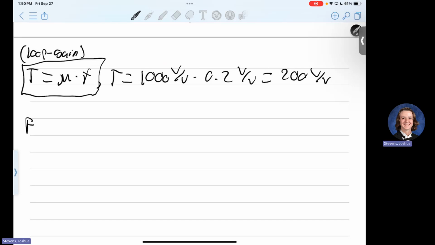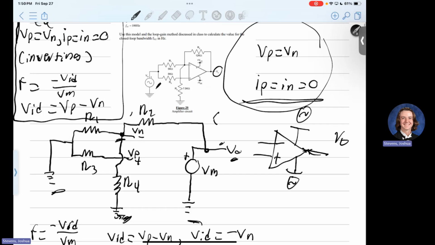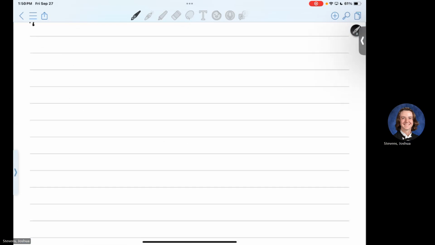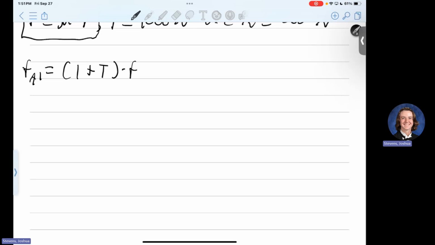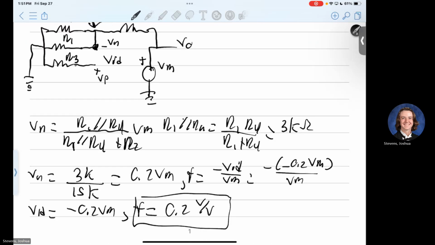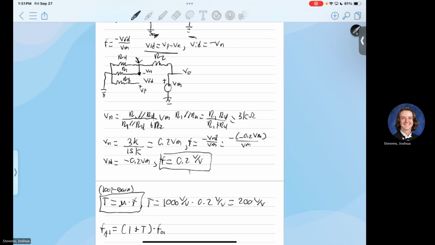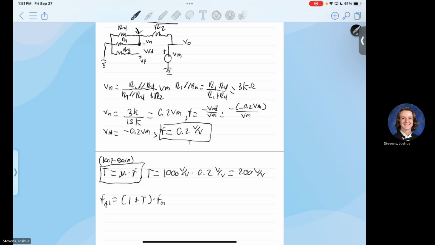The bandwidth frequency that we are looking for, 1 plus loop gain times the open loop frequency. I got you. Sorry if I'm semi-sporadic.